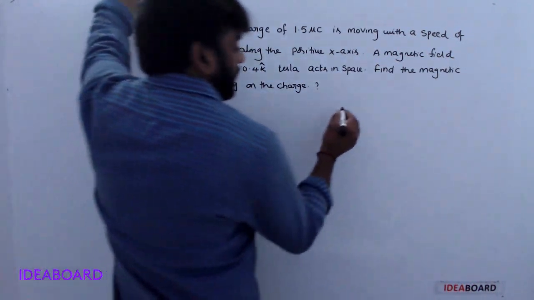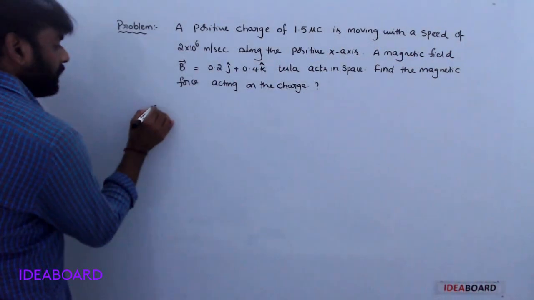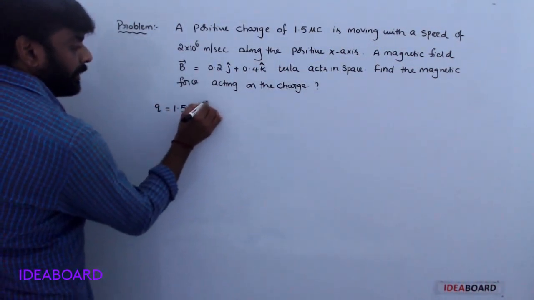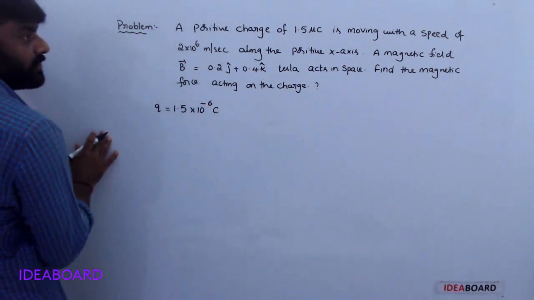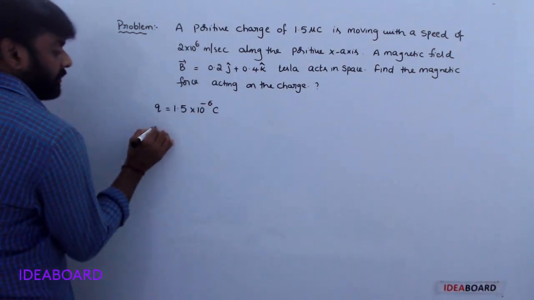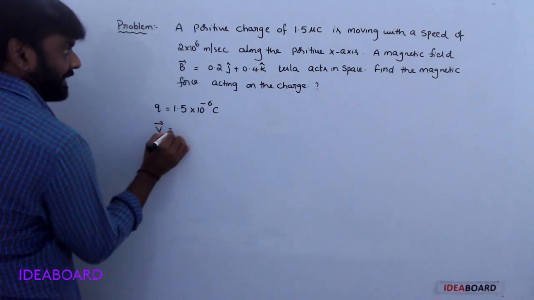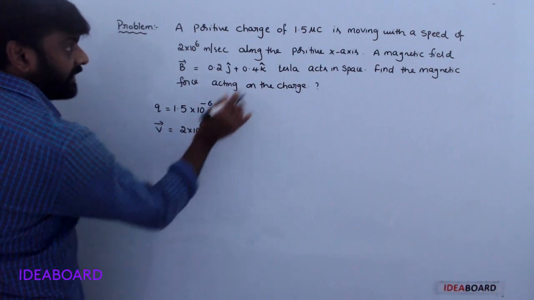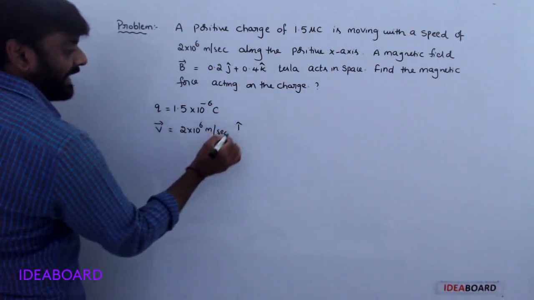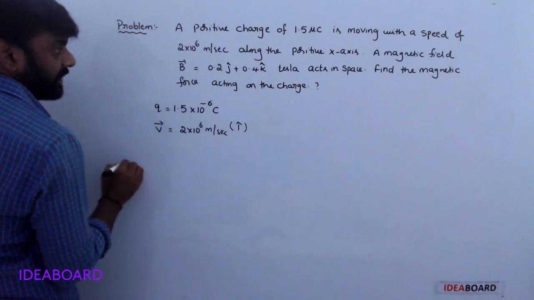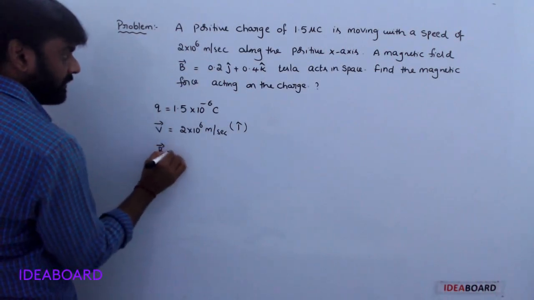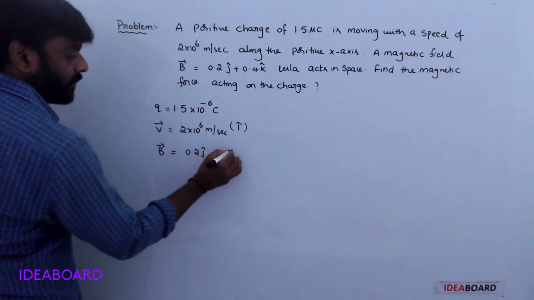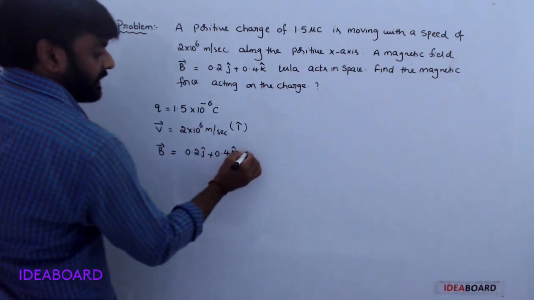Now, given data: Q is equal to 1.5 into 10 to the power of minus 6 coulombs. Velocity V bar is equal to 2 into 10 to the power of 6 meter per second, positive x-axis means I cap direction. And B bar is given as 0.2 J cap plus 0.4 K cap Tesla.